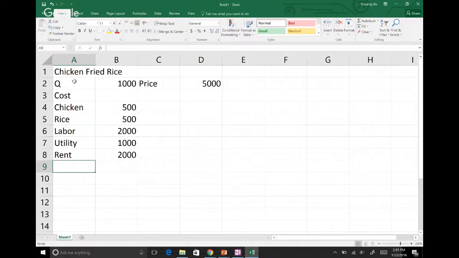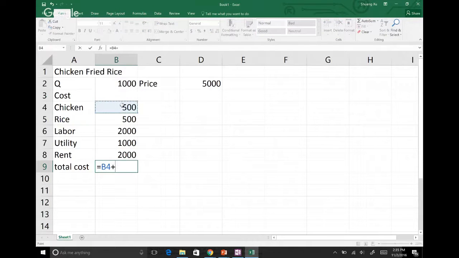All right, so let's see how much profit we make. Our total cost is everything above it: 500 plus 500, and then plus everything below it. So my total cost is $6,000.